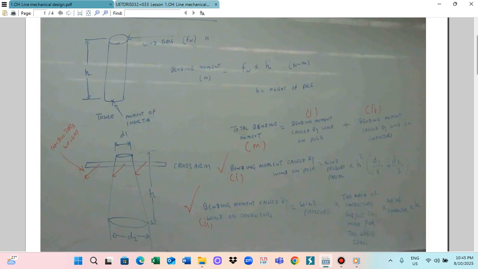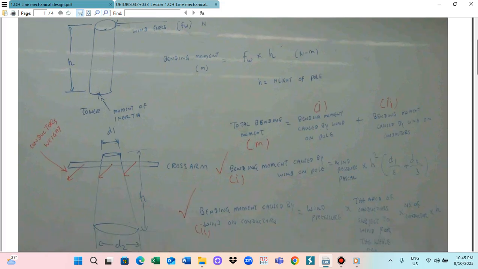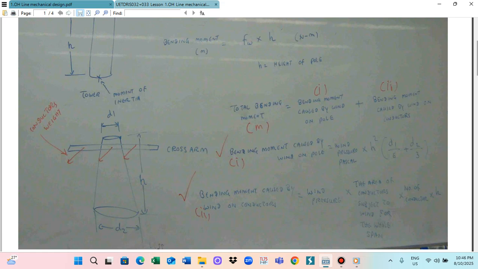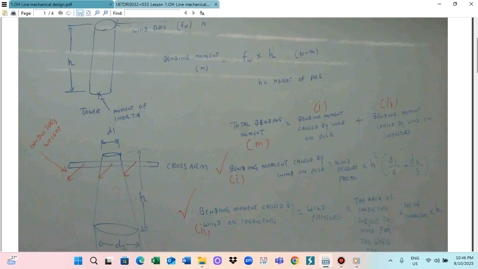With D1 and D2, this height is H, the height of the tower. And we attach the conductor here. So those are conductors, and the conductor has weight. So this is the transmission line tower. We put the cross arm, this is the tower height, and those are the conductors we attach.